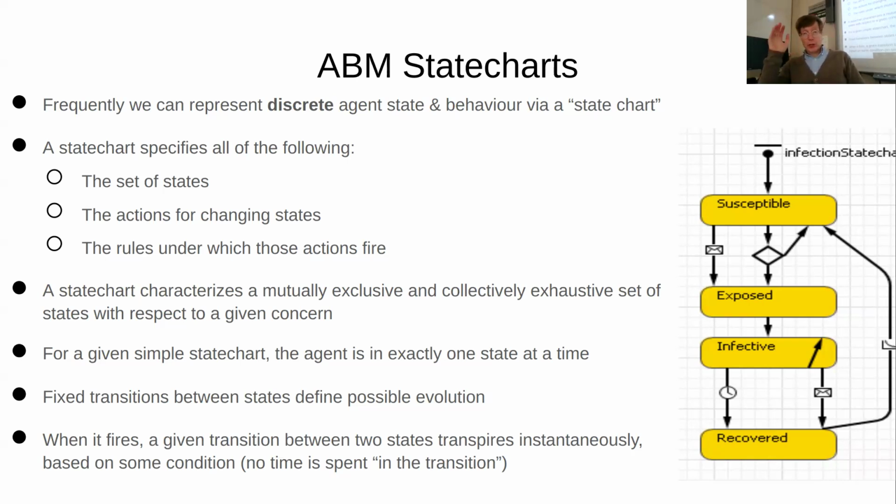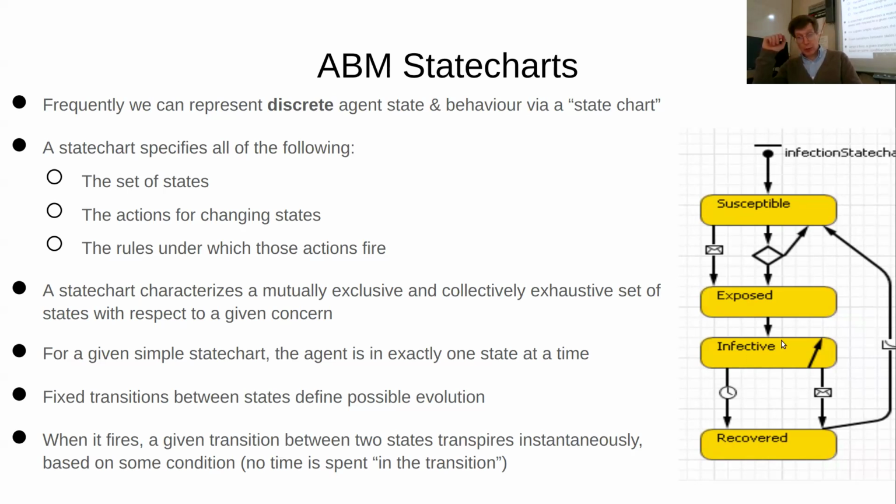So what is a state chart? Well, a state chart is a means of representing discrete agent state and behavior, among transitions among those states. A state chart specifies the following. It specifies with respect to a concern, a specific concern, like infection here, the set of possible states that you can be in with respect to that concern.